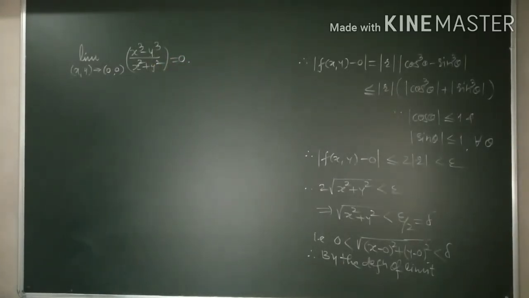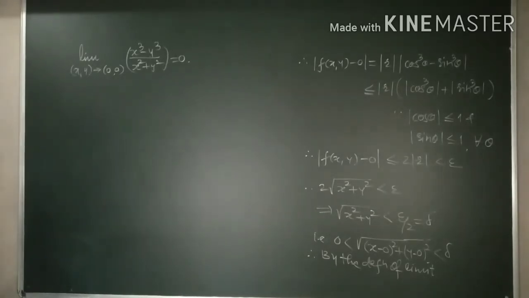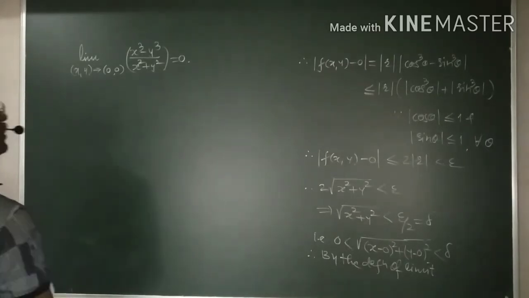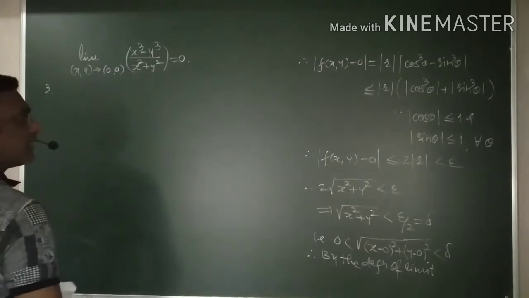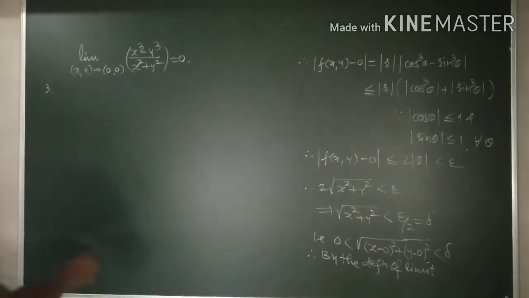Now let us take one more example so that you can understand how polar coordinates are to be used to solve problems on the limit of a function of two variables.